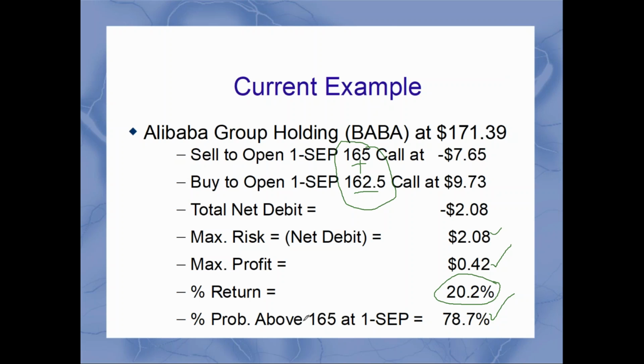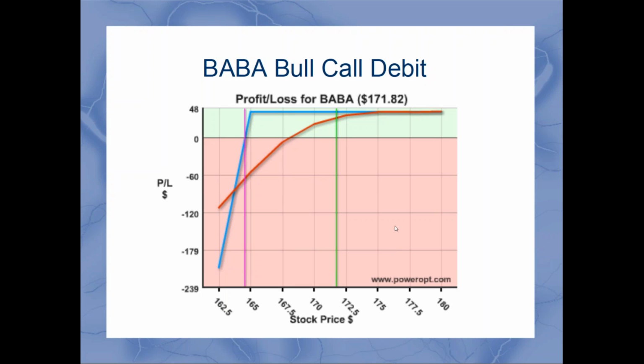Same stock. Same likelihood that the stock will be above 165 as our bull put credit spread. That didn't change. Well, it'll change as the market goes up and down over the next several days, but it's not going to change at the time of entry. So as a parity trade, the bull call debit has a similar risk-reward profile, but we paid a debit of 208 to get into the position. So the max return is 42 cents, or 20.2% for our 10-day trade.